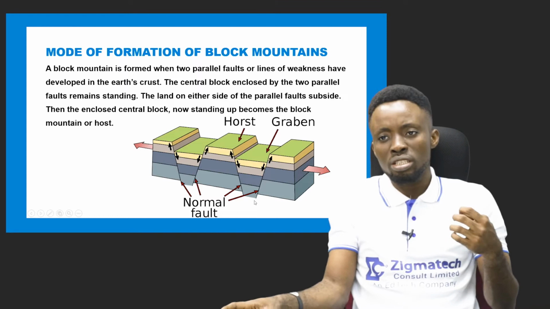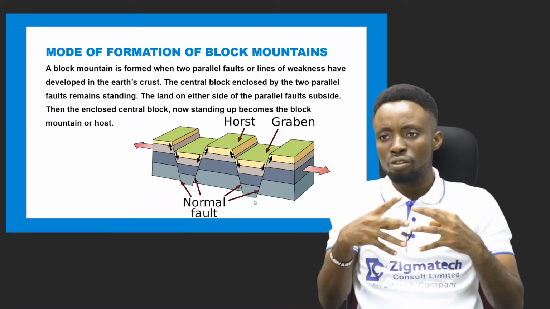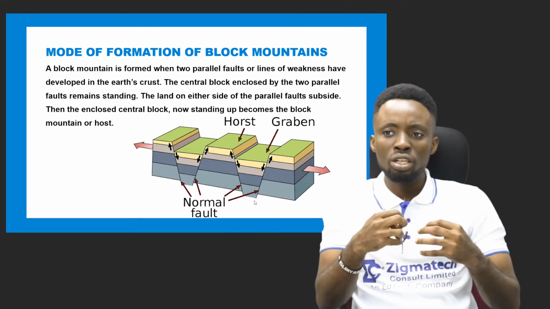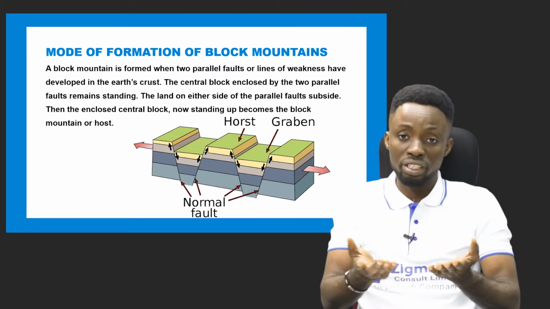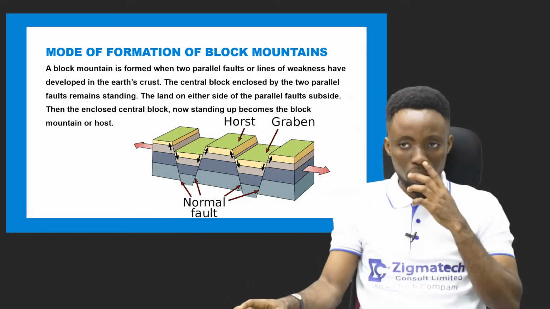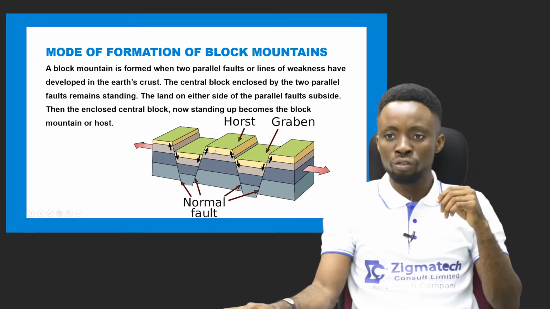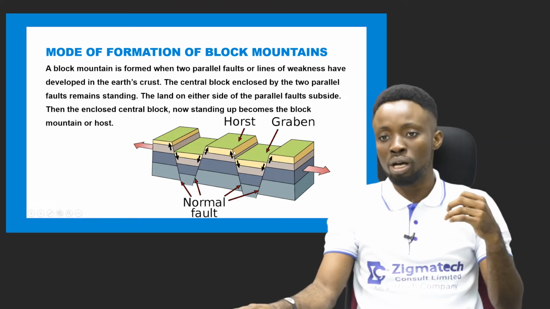Now, these lines of weakness or faults will cause the land to either be elevated or to be depressed down.